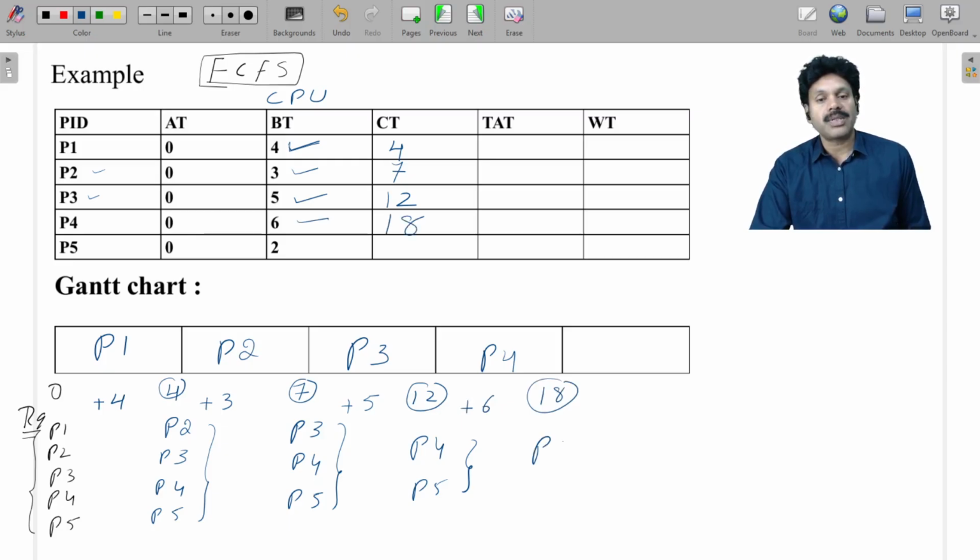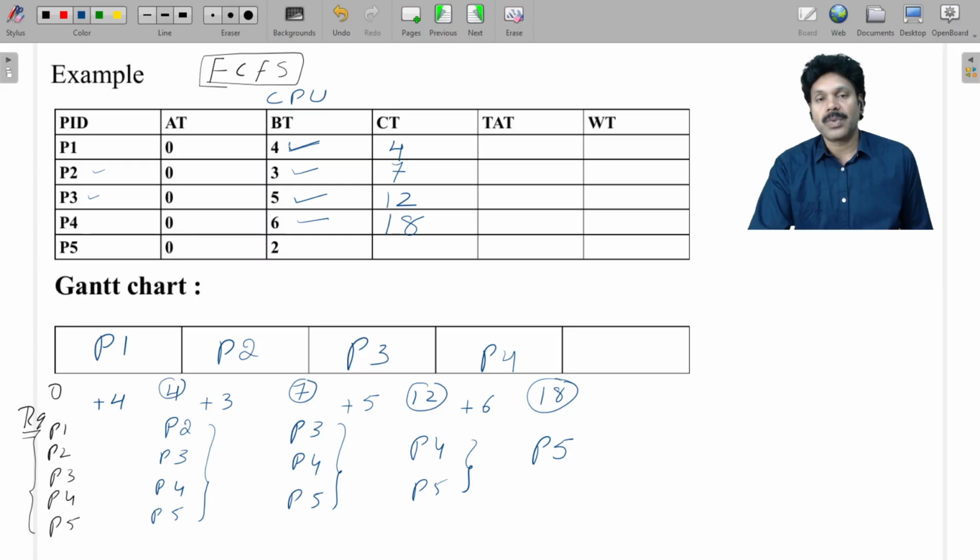The only process which is left in the ready queue is P5. Now, whenever there is a single process in the ready queue, there is no necessity of a CPU scheduling algorithm, exclusively round robin. There is an exception, especially in round robin, that it has to switch from one process to another process.